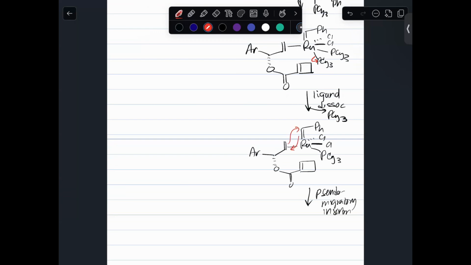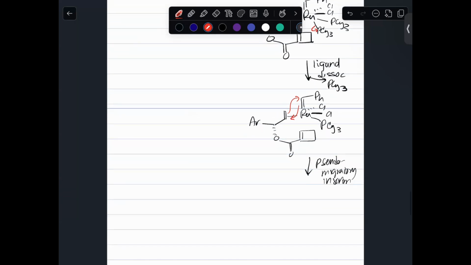Again, the ruthenium adds to the more substituted carbon. It wants to be part of the chain. I can't stress that enough.